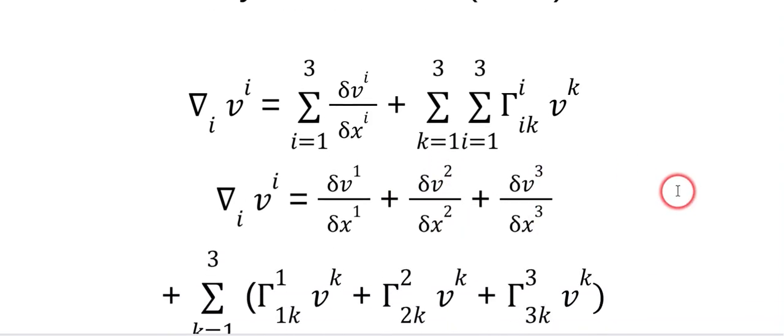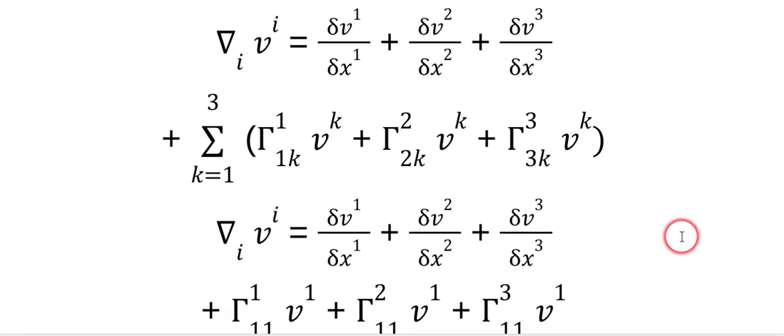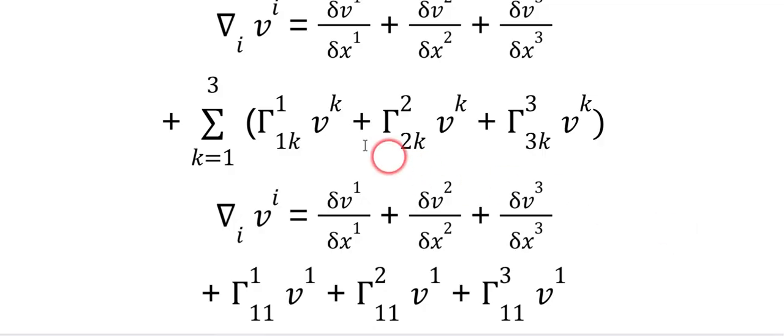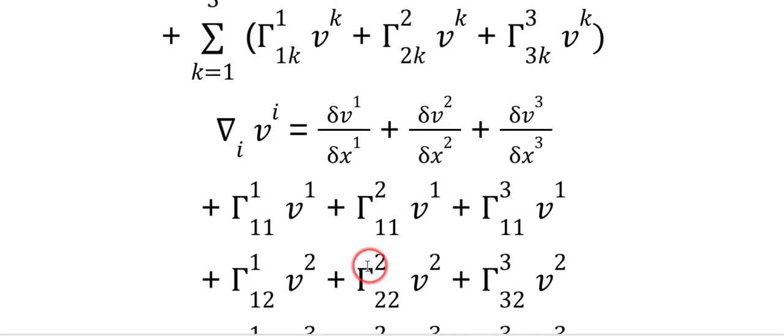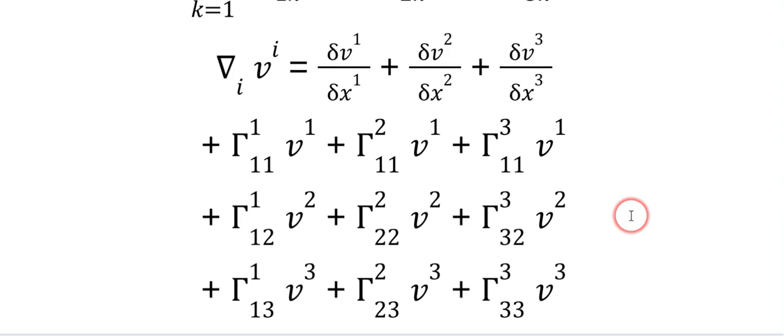Now we have to sum it over k. In the first case, k equals 1, the second case, k equals 2, the third case, k equals 3. So let's see if I got this right. Yeah, this is right. So that innocent-looking equation gives you 12 terms you have to find, and 9 Christoffel symbols you have to find.